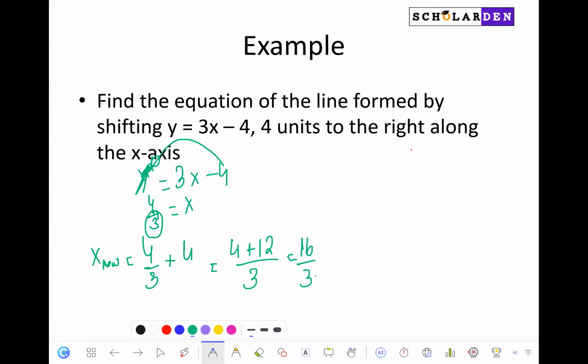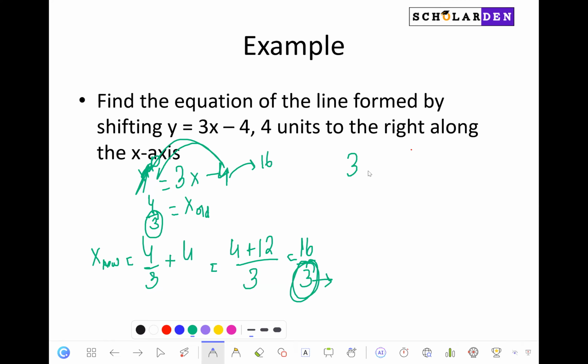So we see that between the old x-intercept and the new x-intercept, 3 appears in both, in the denominator. It's only this value that, if this was 16 instead of a 4, we'd actually get 16 by 3, okay?